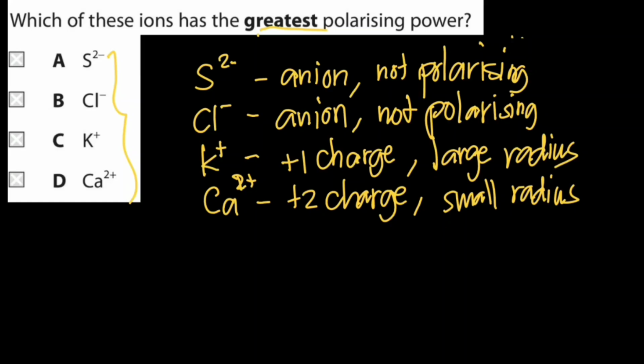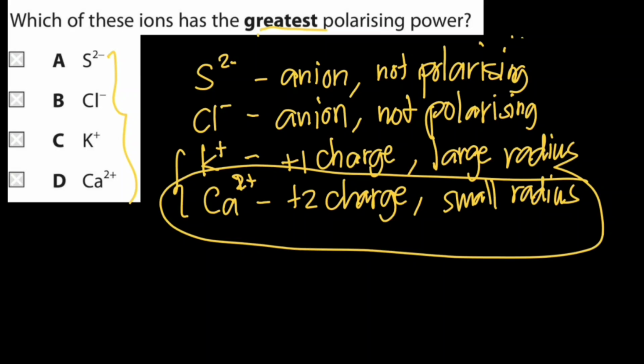So in this case, we will only choose between potassium and calcium ions. Now potassium has +1 charge but large radius, and calcium has +2 charge but small radius. Therefore, the one with the greatest polarizing power here is calcium ion. So the answer here should be letter D.